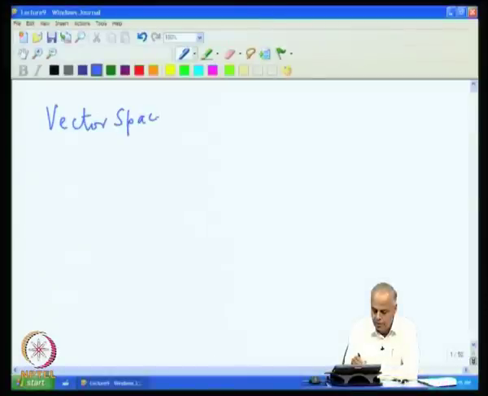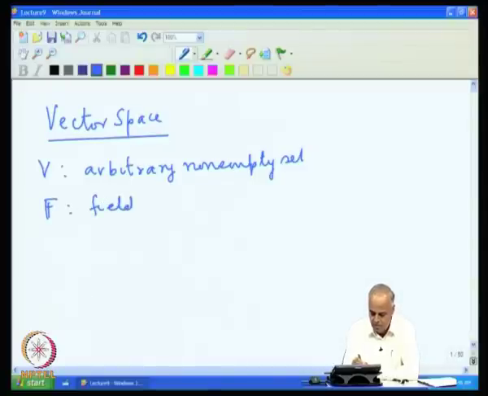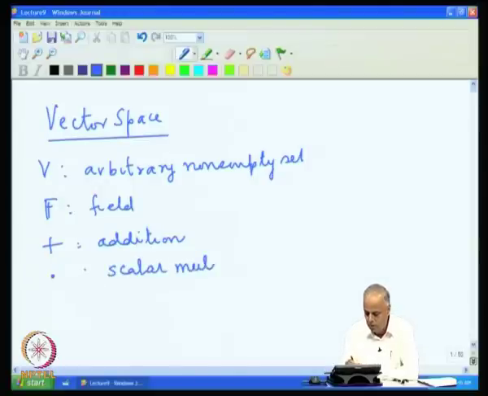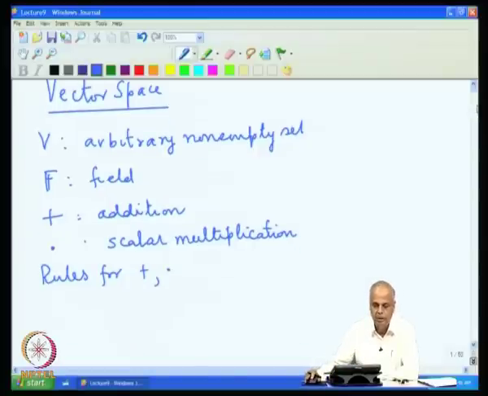Let us recall that a vector space has 4 ingredients: 1, an arbitrary non-empty set V, then a field F, and the addition, a rule of combining 2 elements in V, and what is known as scalar multiplication, a rule of combining an F element with a V element, and then we had the rules for plus and dot. Together with this we get a vector space.